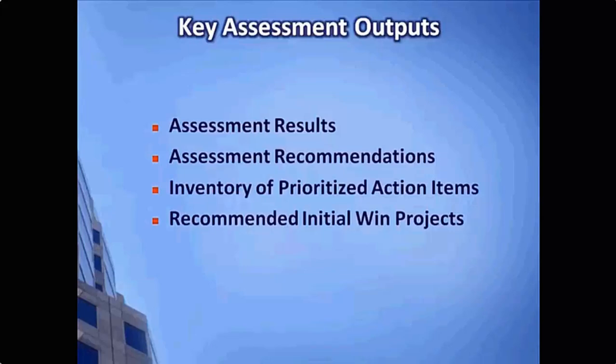It provides real benefits, and one of the guidelines and rules is it must be completed within a year, preferably 6 to 9 months. The initial win project should indicate which assessment recommendation actions that they are truly addressing. So as you complete this, you will actually map your findings and recommendations to those projects, so it's very clear what the scope of those projects should be and how those projects were derived.